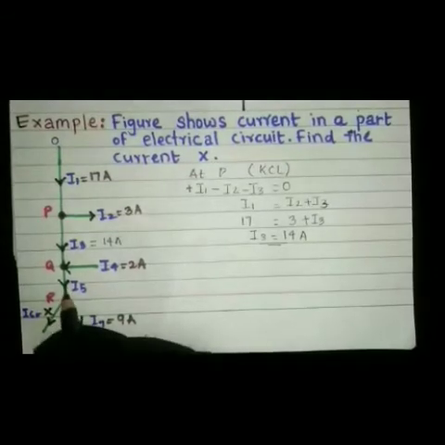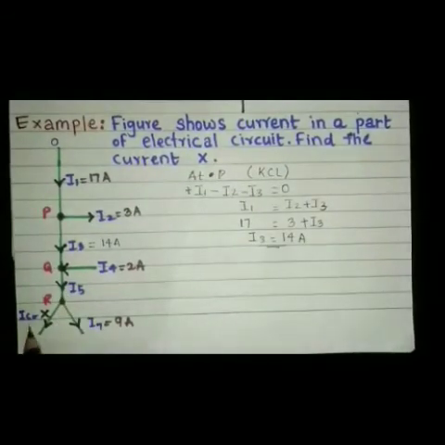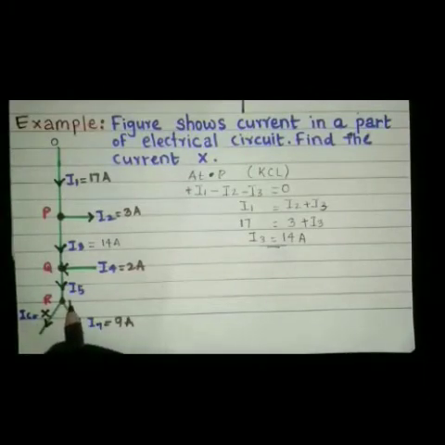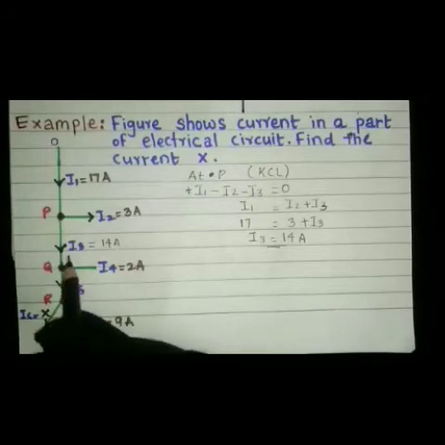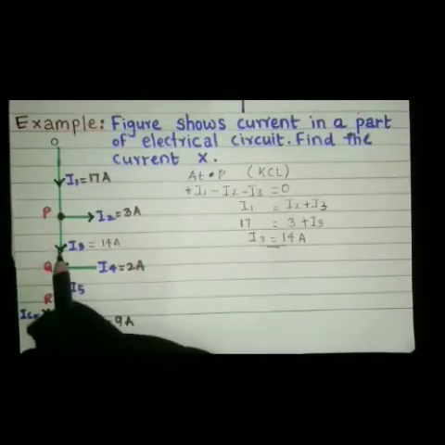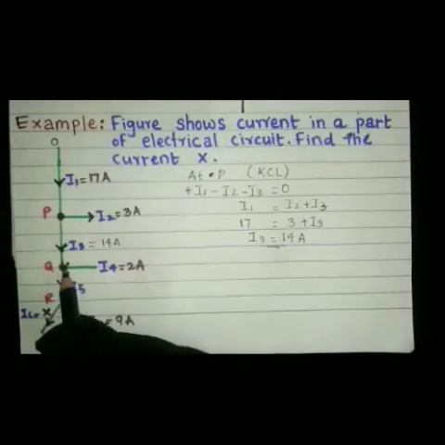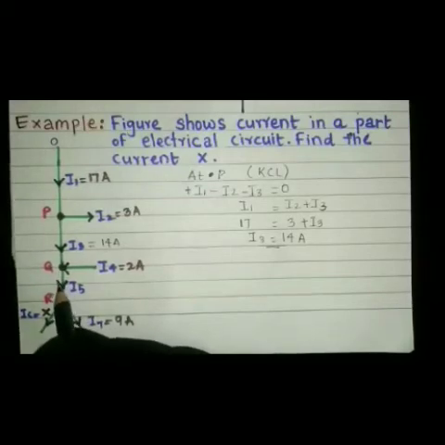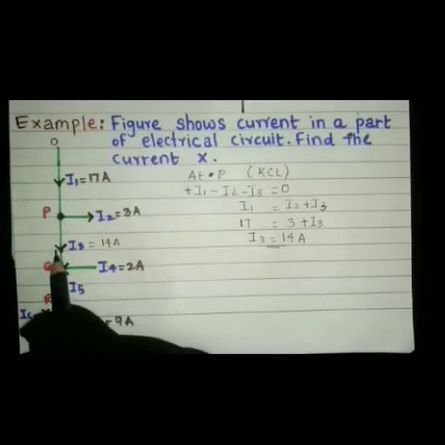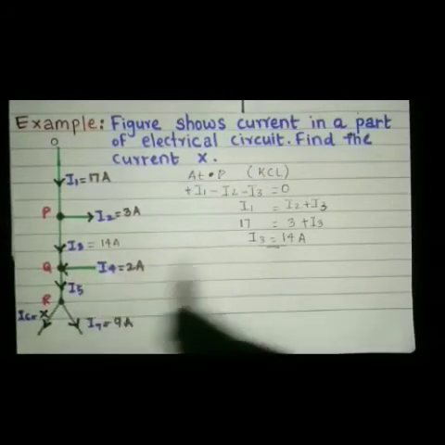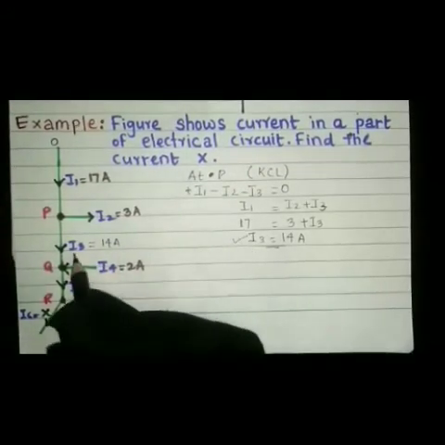To find x, that is I6, we should know the value of I5, because I5 is divided into I6 and I7, and for I5 we have to know the value of I3, because I5 is nothing but the sum of I3 and I4. You can see this current is arriving at this junction, and I4 is also arriving at this junction, and here I5 is leaving the junction. That means I5 is the sum of I3 and I4. We have done till I3, so we know I3.